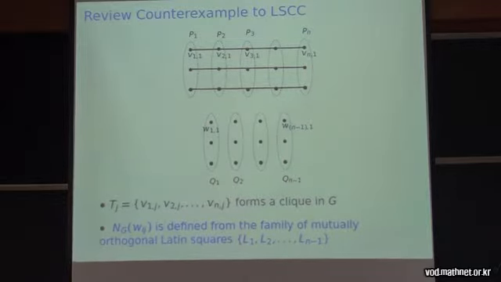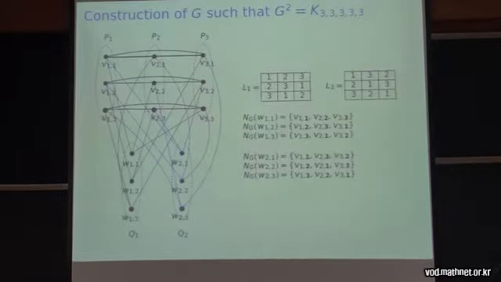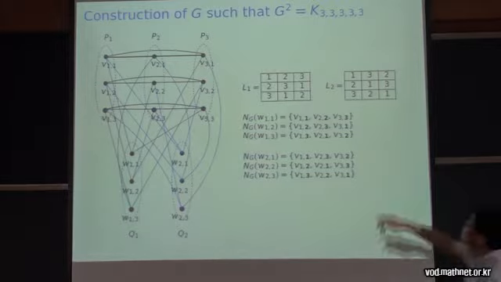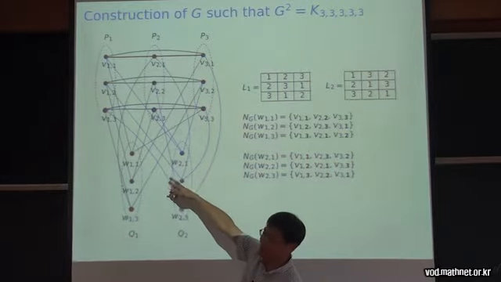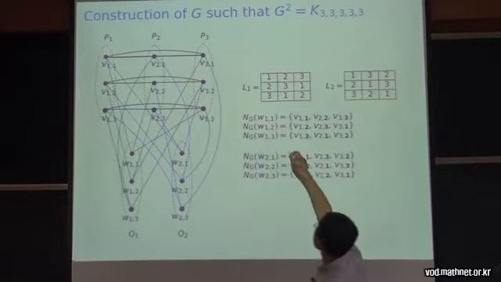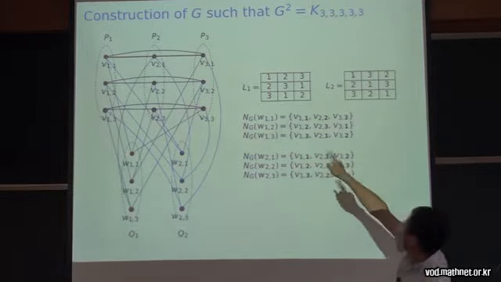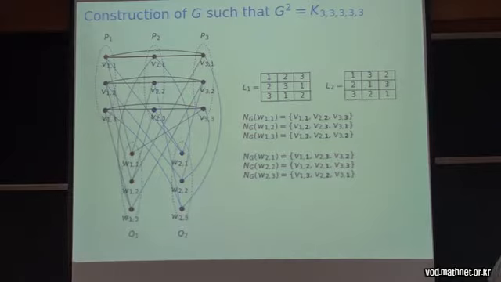Here is an example. This is the smallest counterexample of the least square color conjecture. We have two Latin squares L1 and L2.